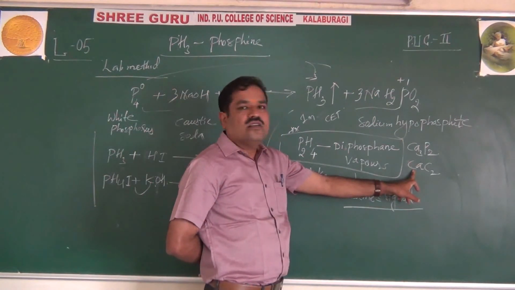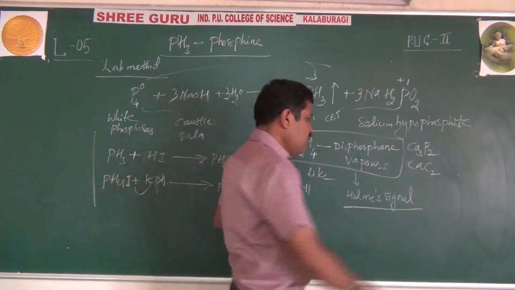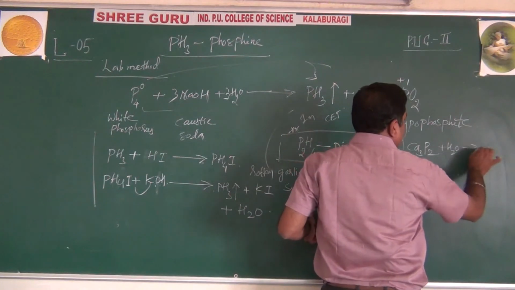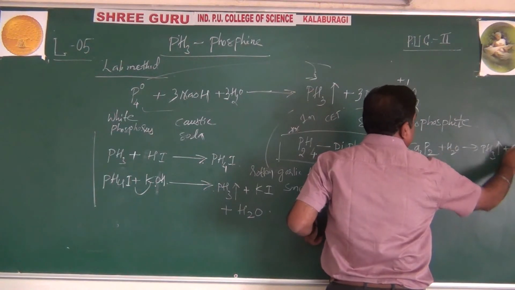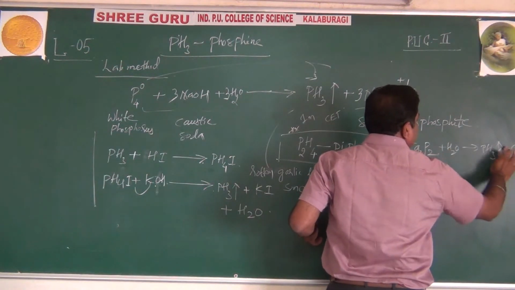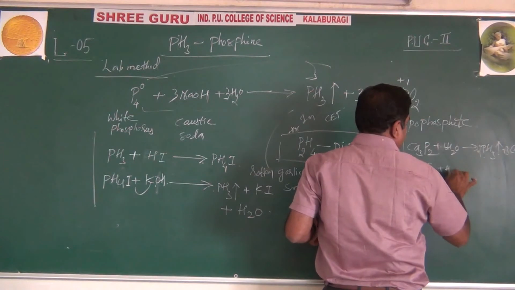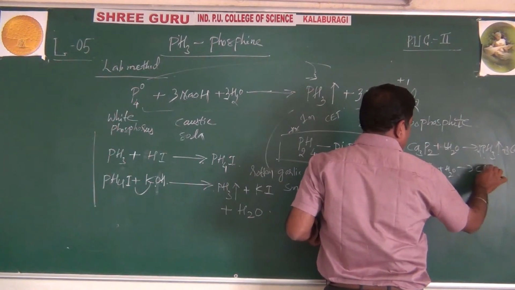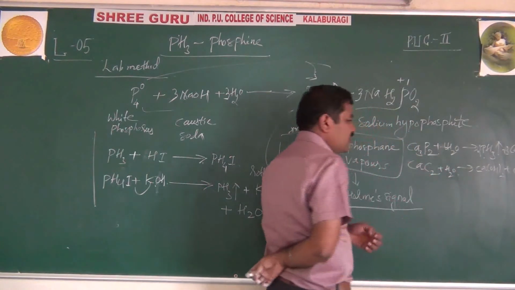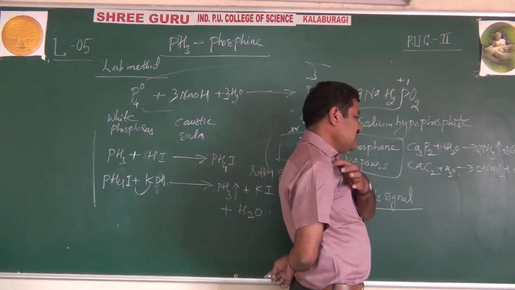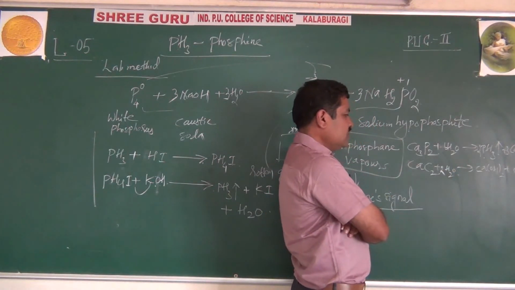Calcium phosphide gives phosphine gas. The reaction is like this: Ca3P2 plus 6 H2O gives 3 Ca(OH)2 plus 2 PH3. With calcium carbide, CaC2 plus 2 H2O gives Ca(OH)2 plus C2H2, and the equation is balanced.